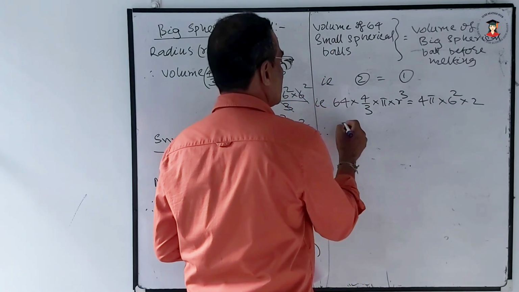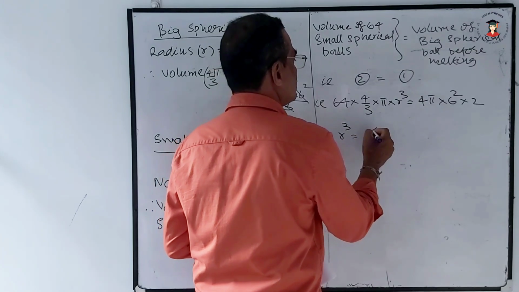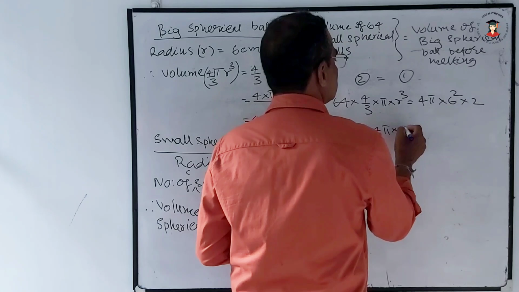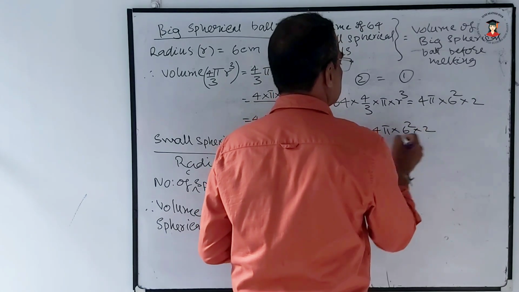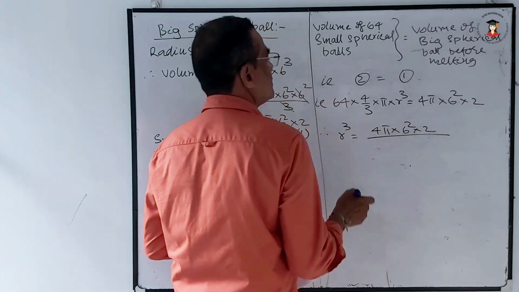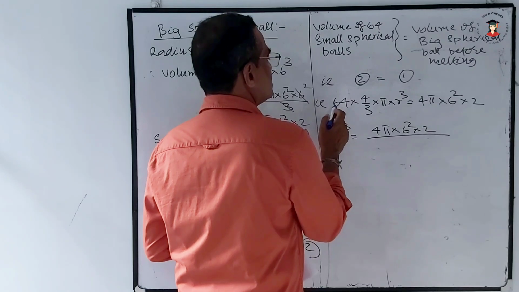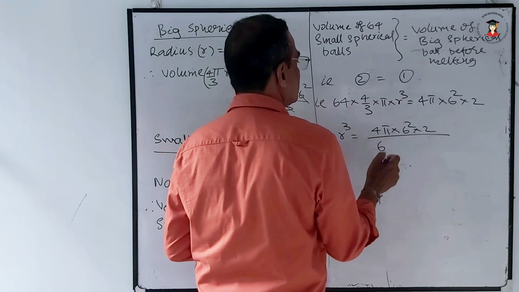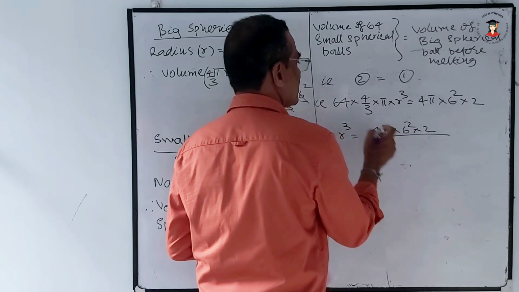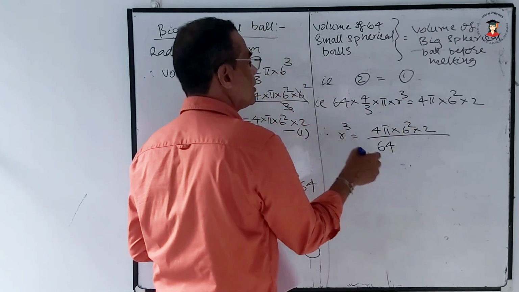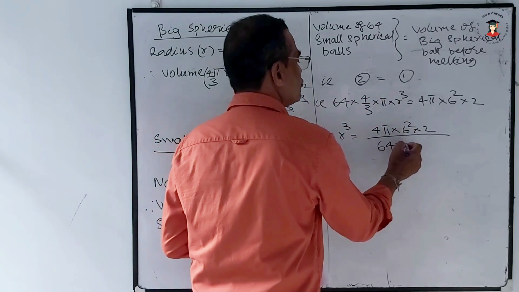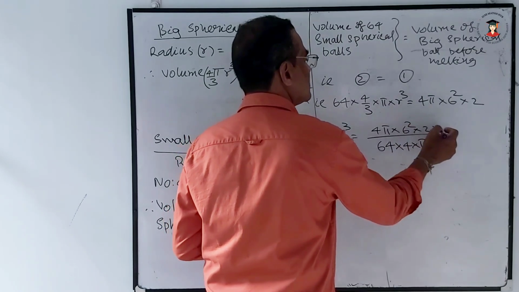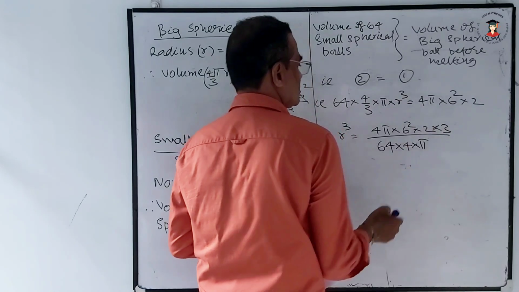Therefore, r cube equal to 4 pi into 6 square into 2 divided by 64 into 4 by 3 into pi. 64 will come in the denominator. Whatever is in the numerator will come in the denominator, so 64 into 4 into pi, and 3 will come in the numerator.